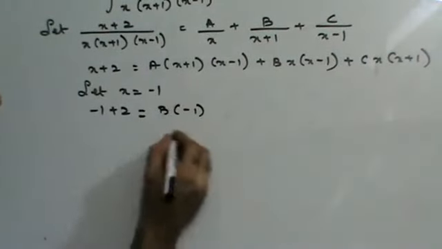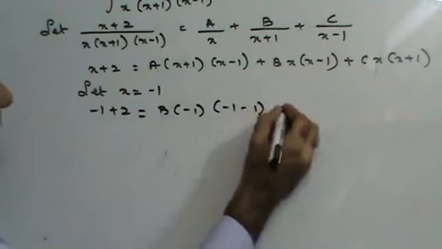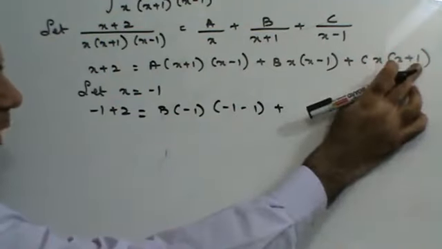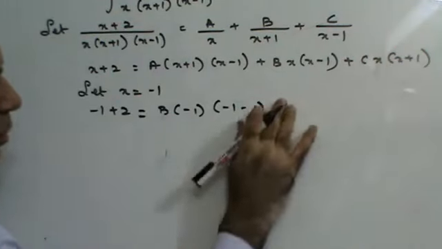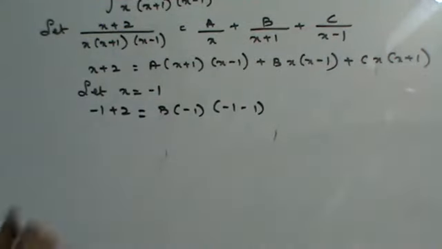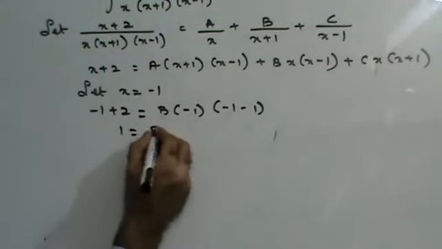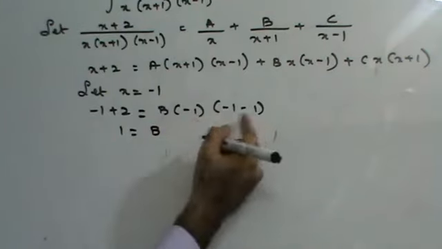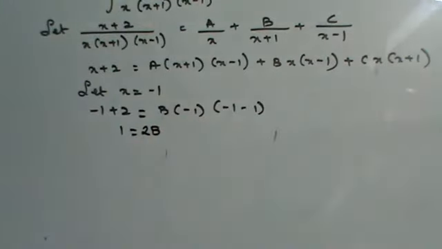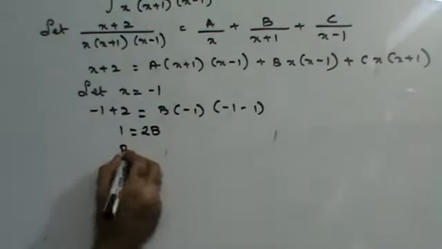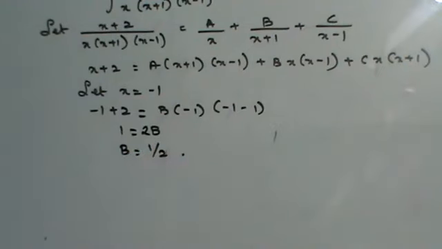In the B term, x is minus 1, so minus 1 minus 1. In the C term, x plus 1 is minus 1 plus 1, 0, so the C term will also become 0. So I'll get 1 is B times (minus 2) into (minus 1 plus 2). So B is equal to 1 upon 2.